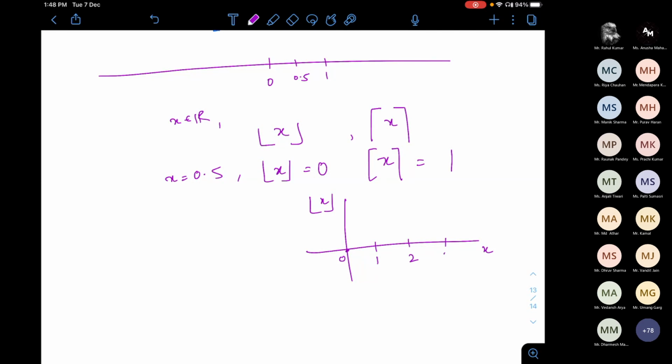From 0 to 1, any value will take the value 0. At 1, the value is 1. From 1 to 2, the value will be 1. The hollow dot means that 2 is not included. At 2, the value will be this.